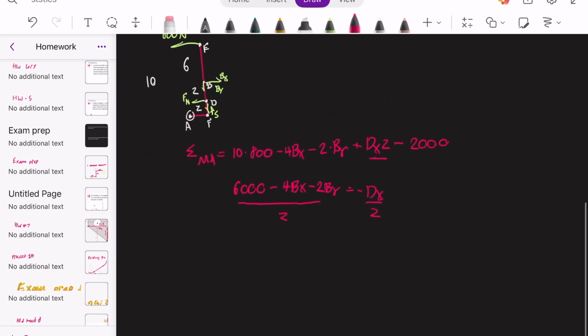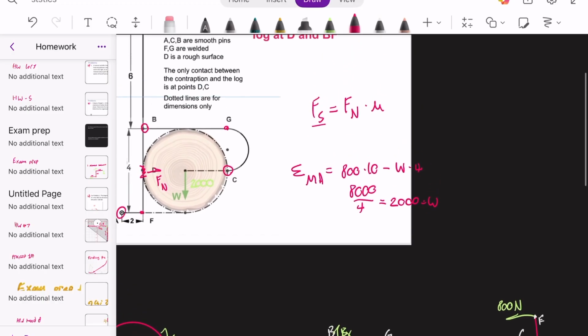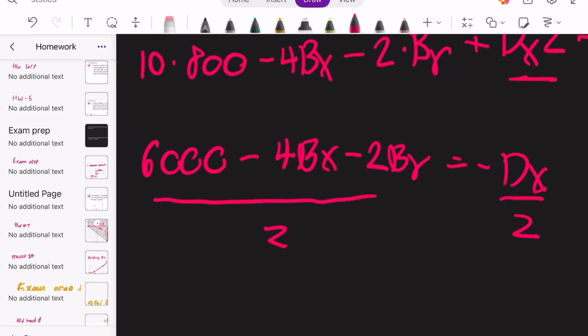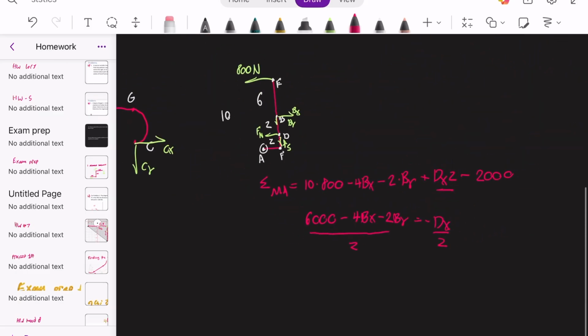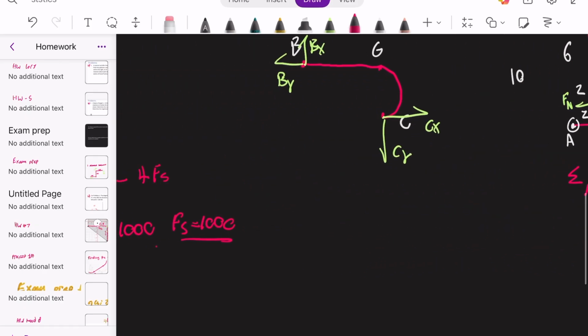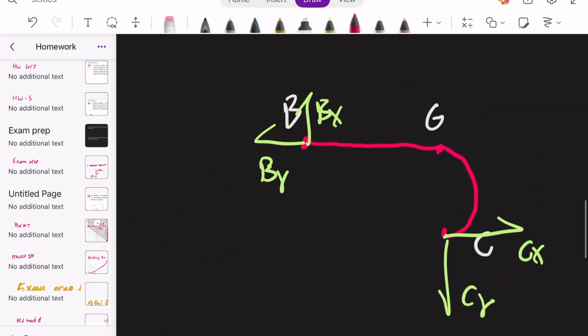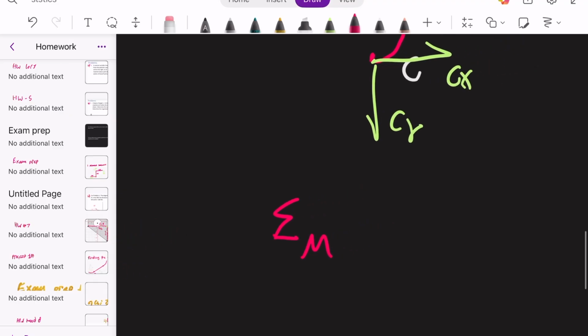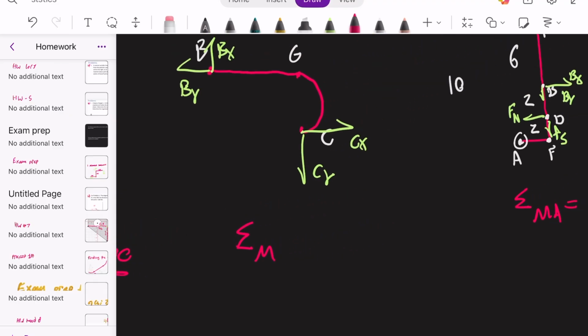All right, and Dx equals our force normal for our equation. So this equation here is going to give us our force normal to finish out the equation. But we're going to have to follow it back through the members in order to find Bx and By. And we're just going to find Bx and By by, it looks like, taking the moments about B here. Yeah, take the moments about B.